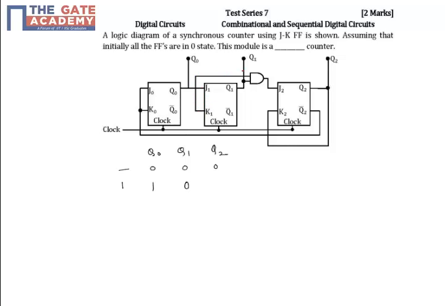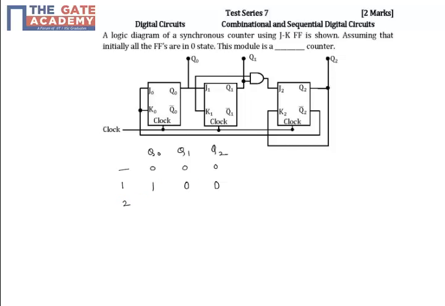K1 is 0, and Q1 is also 0. So this is 0 0. So J2 is 0. That means this is 0 and this is 1. So the output will be 0. So Q2 will be 0. In a similar pattern you have to do this.